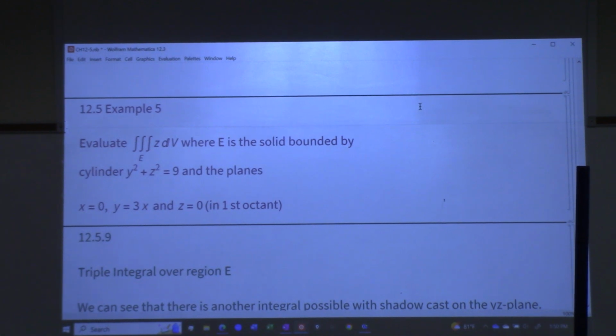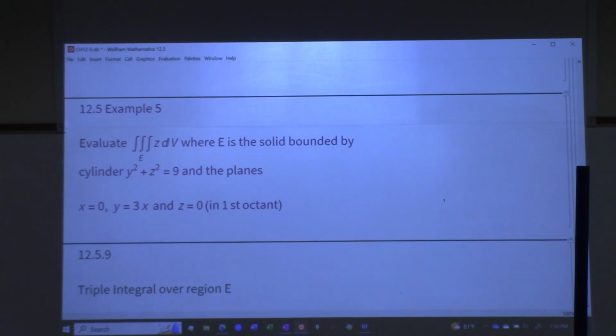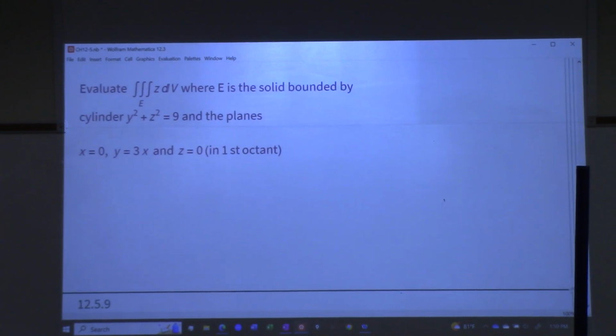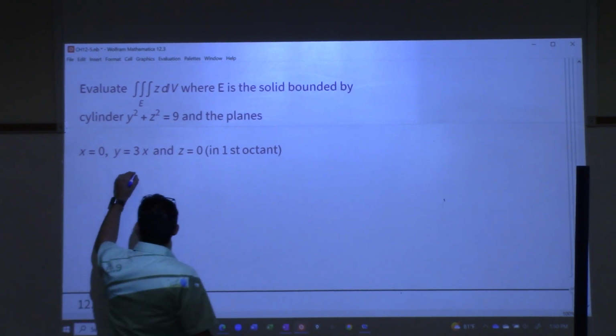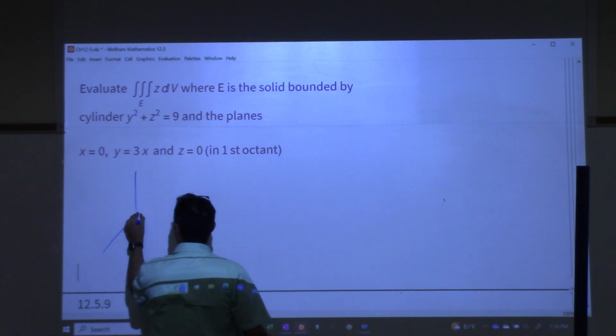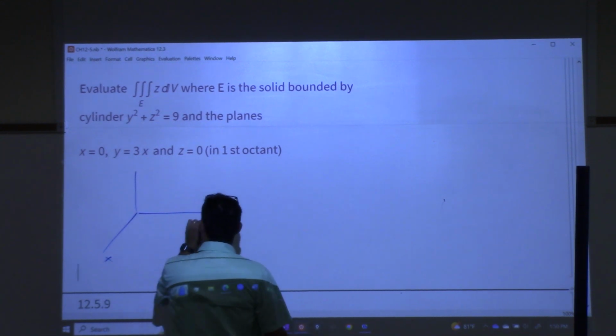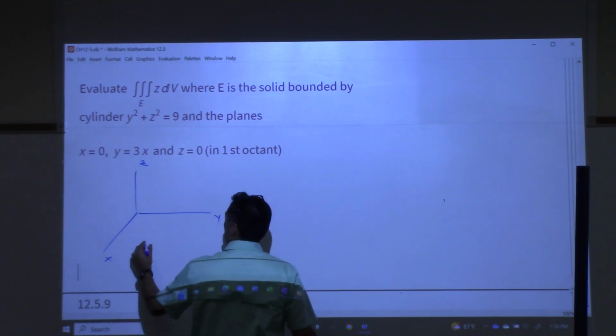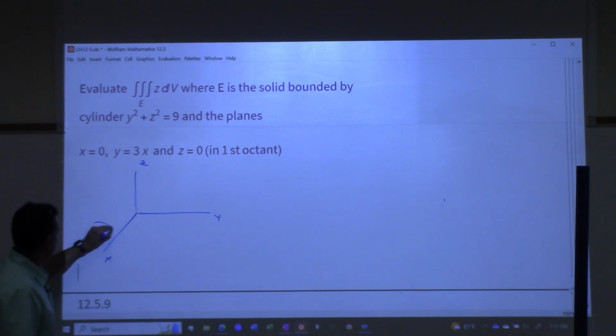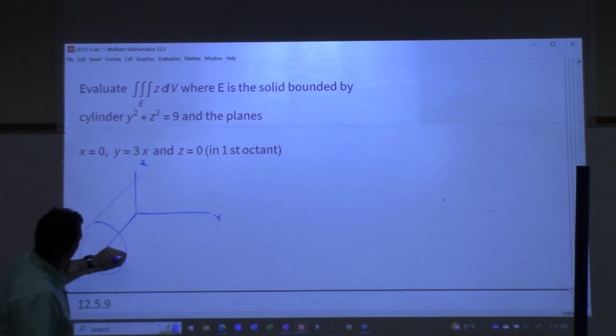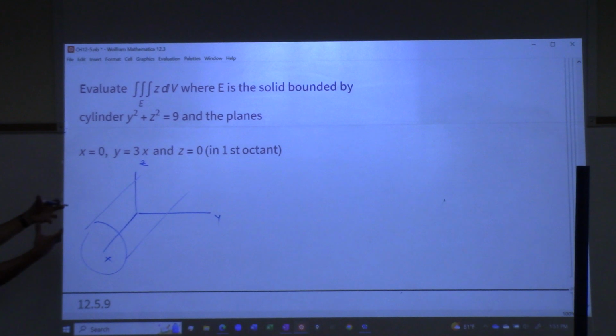I think I might try and draw it, because I didn't show a picture of it. And we're in the first octant, right? All right, cylinder coming out at us, going down the z-axis and down the x-axis.